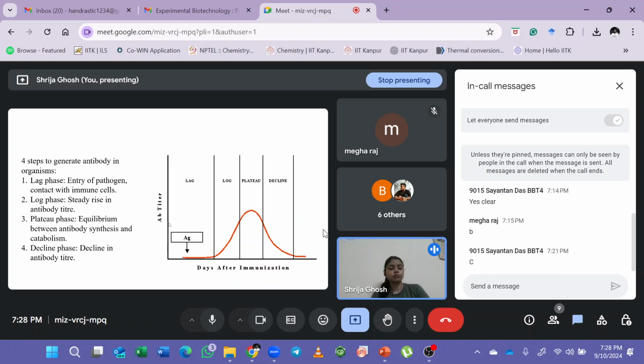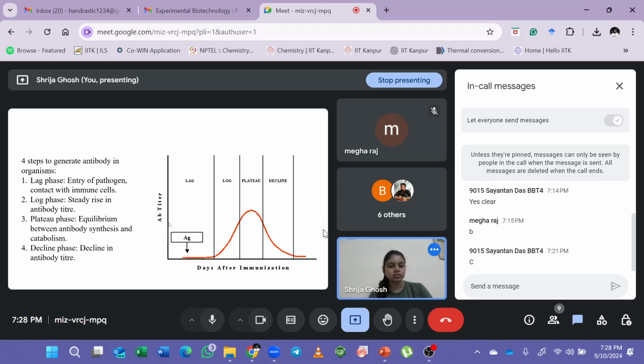You can use it for purification. If you remember, in affinity chromatography, we talked about antibody based affinity. So you can generate antibodies, fix those antibodies on a solid matrix, and then use it for purifying the particular protein which you have used as an antigen to immunize the mouse.